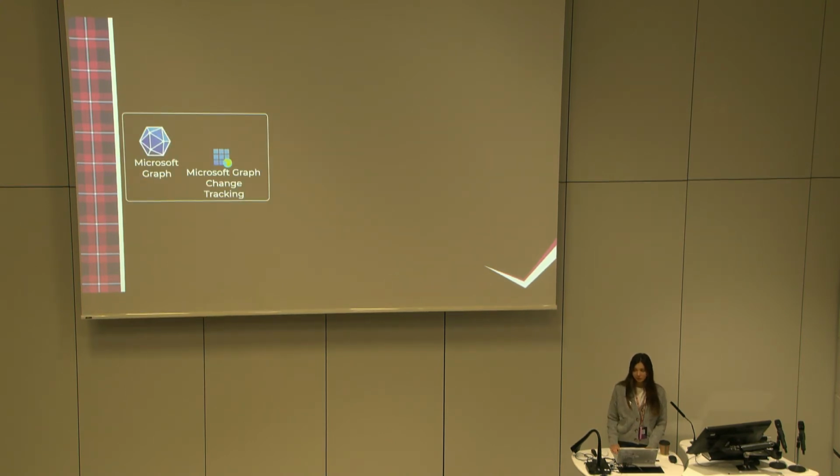Let's quickly go through how we're going to receive change notifications in our React app. So I have Microsoft Graph and the Microsoft Graph change tracking app, which we defined in the Key Vault, as you remember. This app can access the connection string for our event hubs and can send all of the data. So what we did, we get the event hub connection string from the Key Vault.